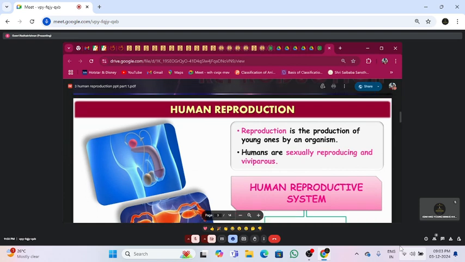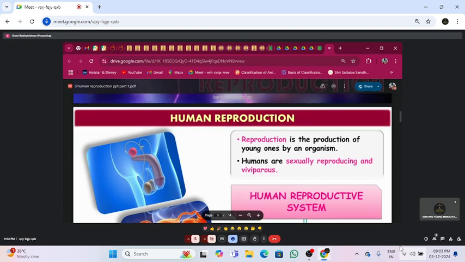All right, human reproduction. Reproduction is the production of young ones by the organisms, all that we know. Many organisms are viviparous, and humans are also one of them, sexually reproducing and viviparous.